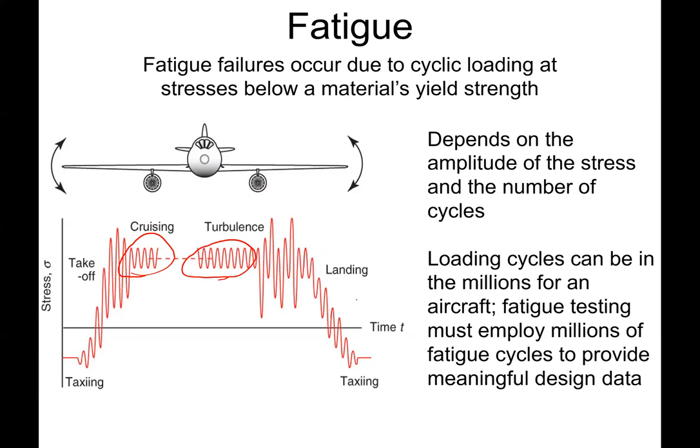During the takeoff and landing, you've got some very high stresses, but not very many cycles here. Whereas when they were cruising or in turbulence, you've got a very long time frame, many, many cycles, but lower amplitude. And all of these result in damage to the sample. And so they really all have to be taken into account.